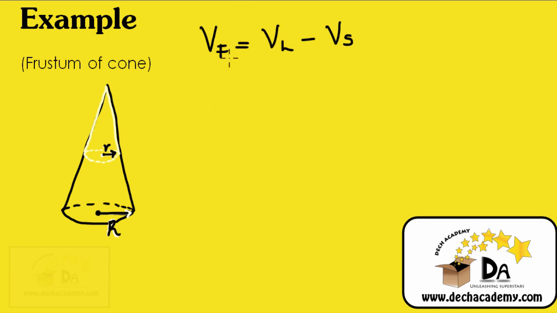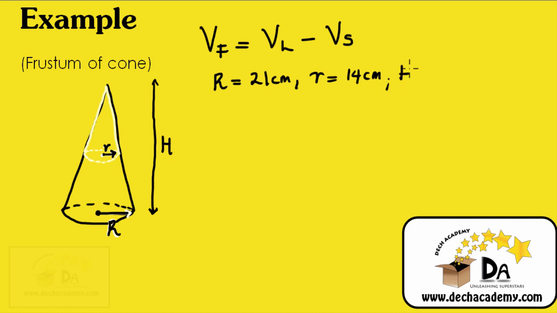So if you're told that big R is 21 centimeters, small r is 14 centimeters, and that the vertical height of the large cone, from the apex to the base, is big H, and you're told that big H is equal to 35 centimeters. What's the volume of the frustum of the cone?